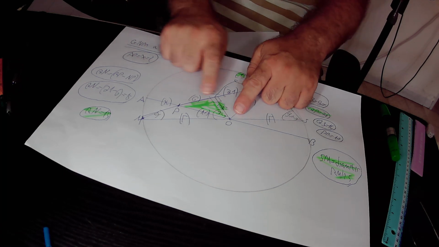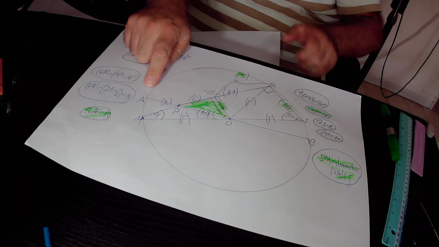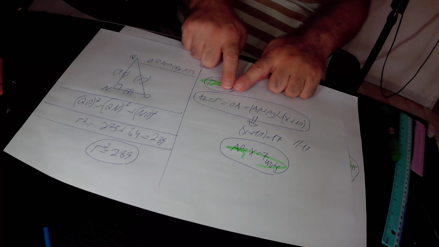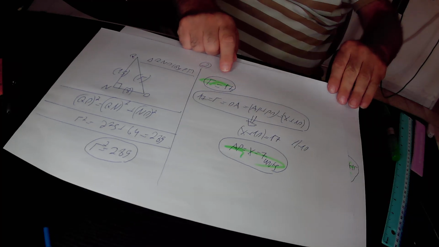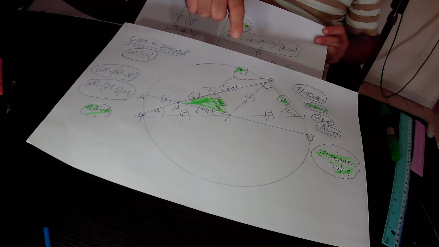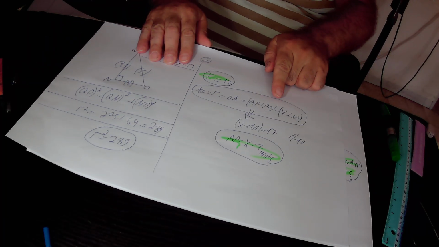So OA is also the radius of this circle, that is equal to R, and R equals 17. But OA also equals AP plus PO. So you can write here that OA equals AP plus PO.